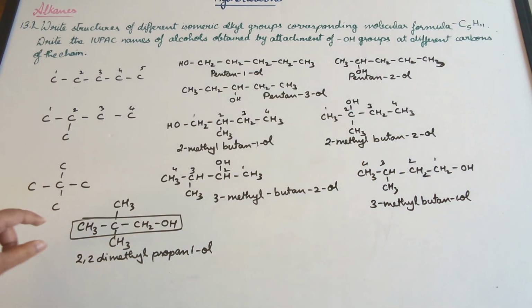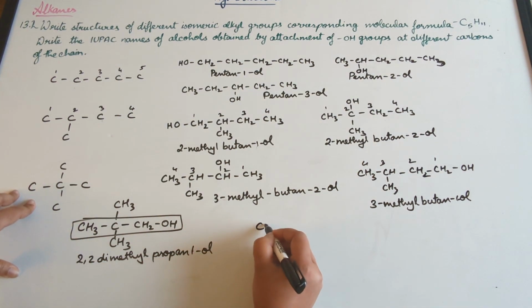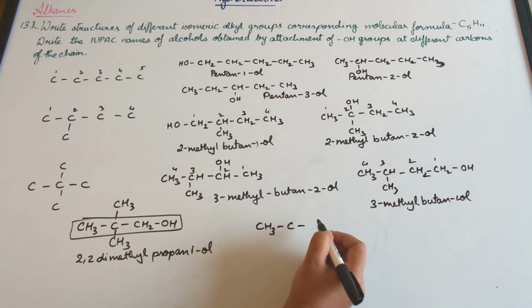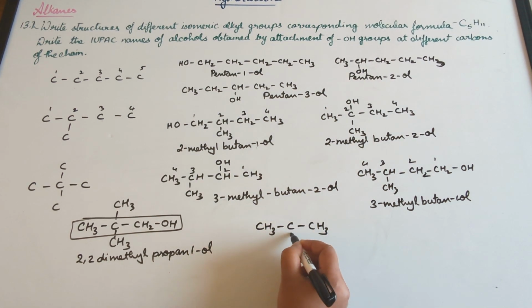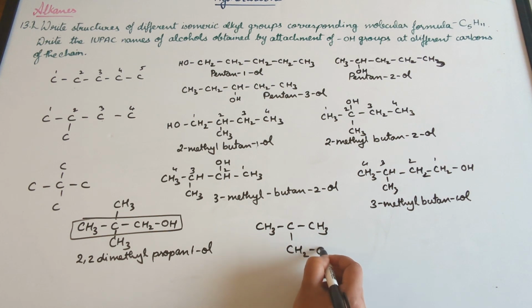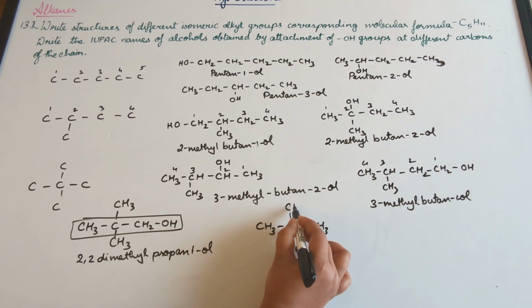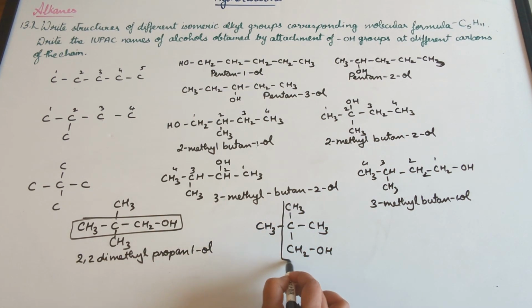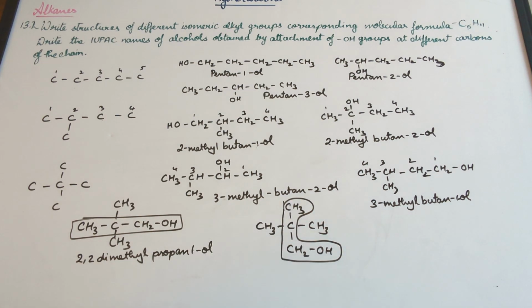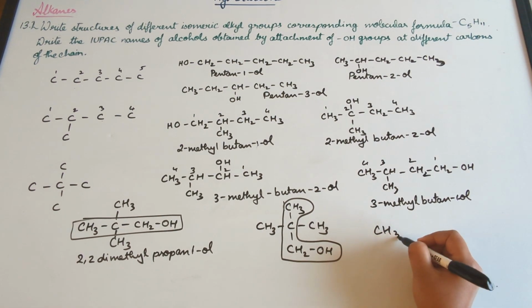Now you can think, okay, let's just shift this OH to this carbon atom, and when we do that, I'm just doing this for you to understand it better. CH2OH, and you have another CH3. So in this case, you can consider this as your main chain, and at the second carbon atom, you have 2 methyl groups attached to it. Again, the third case, let's take it again.